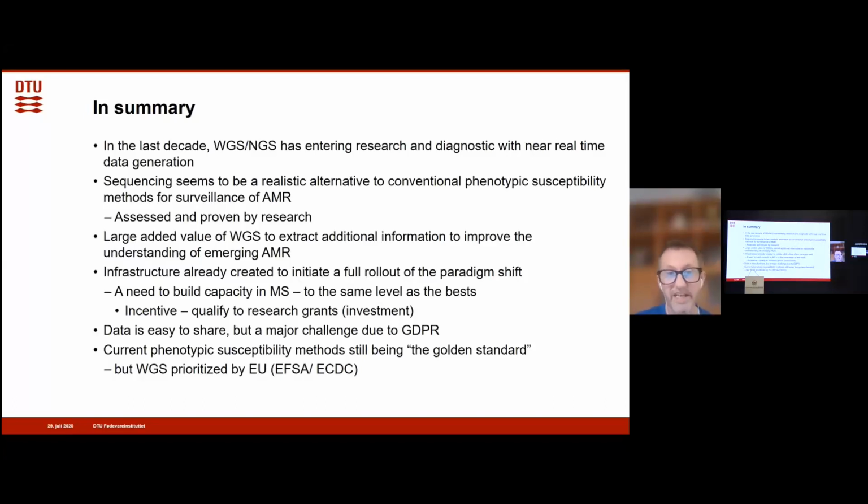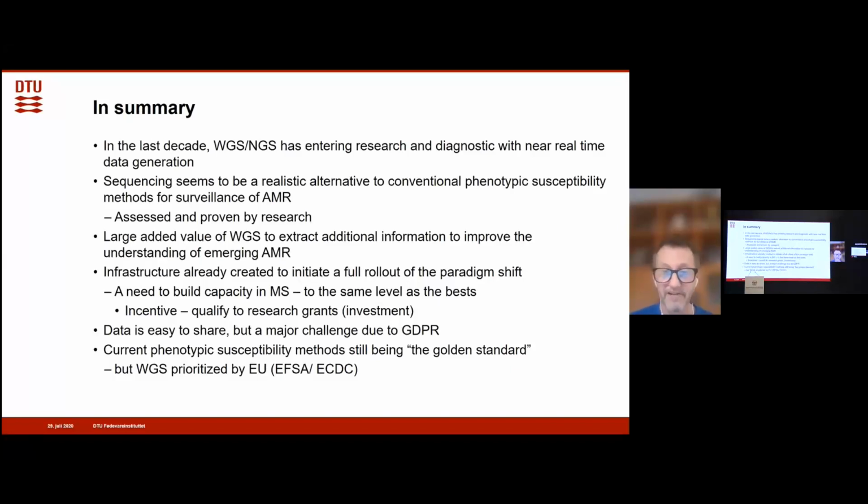We can also see that the infrastructure is in place in many regions, but it's also feasible to create, and that we are ready for a more full rollout of the paradigm shift. But of course, we need to build the local capacity in the member states. But the incentive is to qualify for research grants.